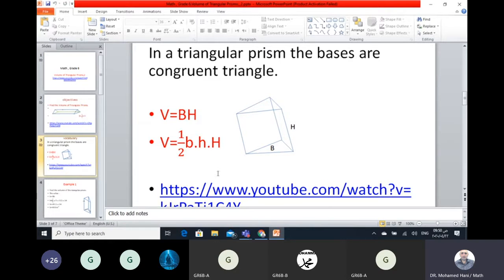So there must be a difference between H for the triangle and H for the triangular prism. H for the triangle is like this side, and this is the base of the triangle. But the height of the prism means the perpendicular distance between the opposite parallel bases. This is the difference between them.